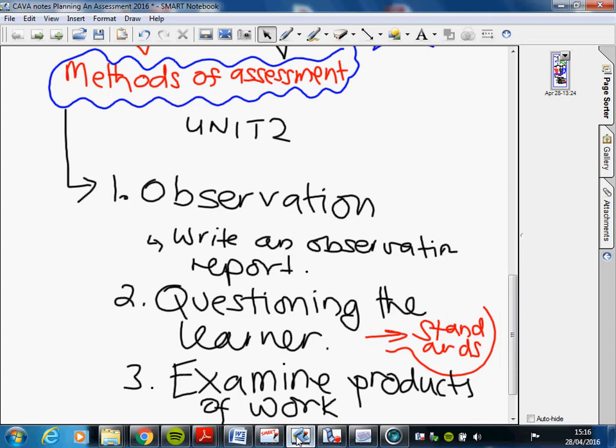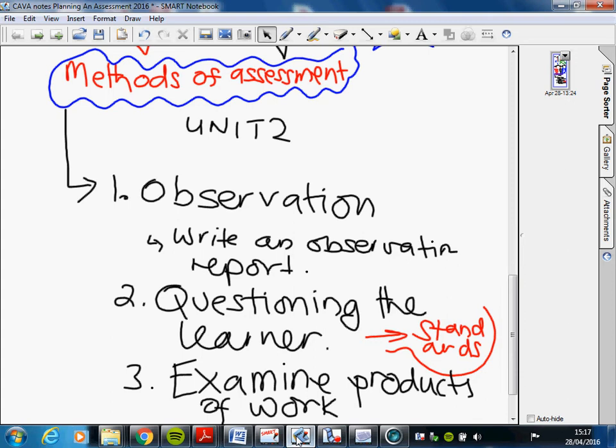So things like that. When you're designing your first assessment plan and the questions that follow, you must design them such that you are able to observe part of the work, you are able to examine the product of work, and you are able to question the learner.